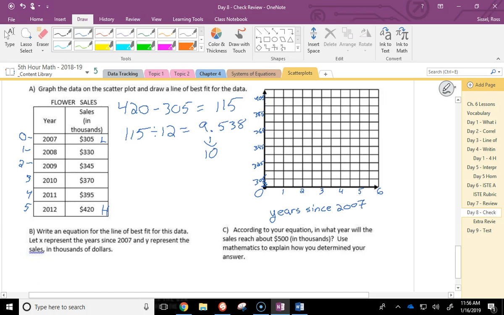Then we go ahead and plot our points. So in 2007, we were at 305. In 1, 330. At 2, 345. At 3, 370.